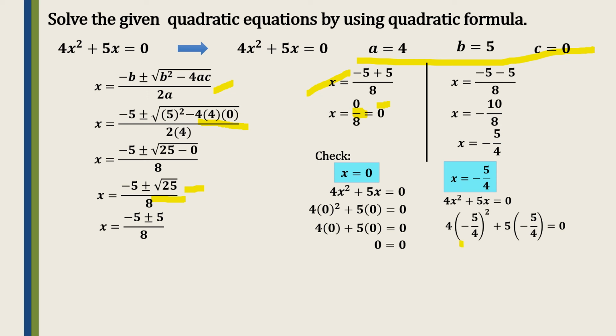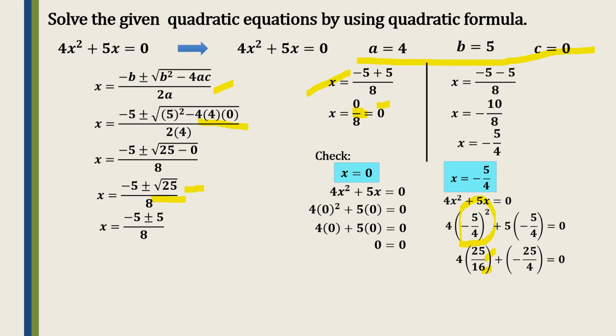Ito muna ang i-solve na may exponent. Magkakaroon tayo ng 4 times 25, and 4 times 4, kaya naging 16. Positive kasi negative times negative, the result is positive.